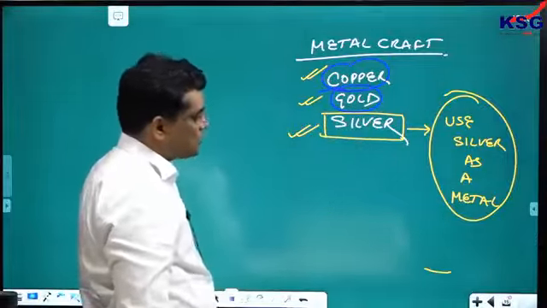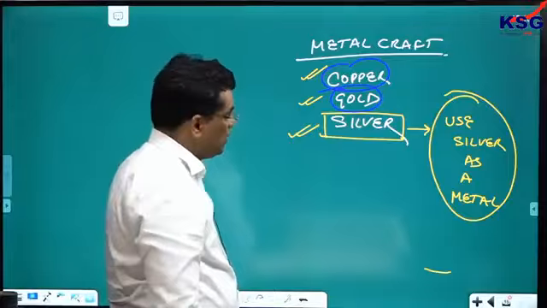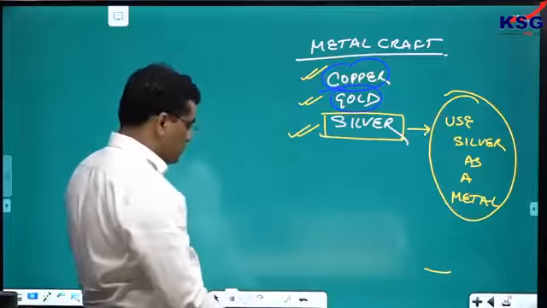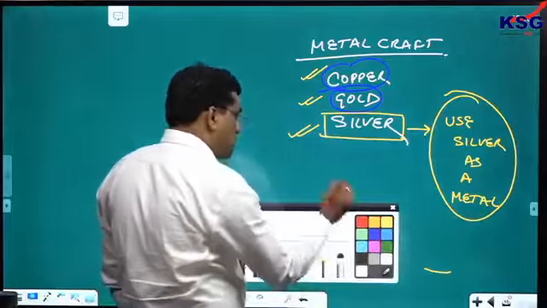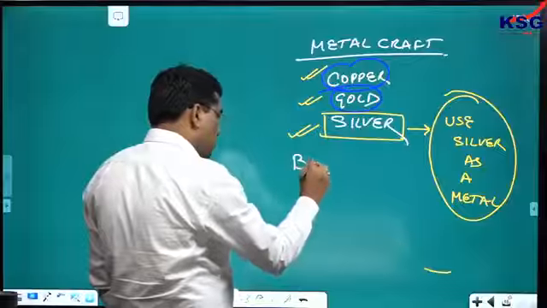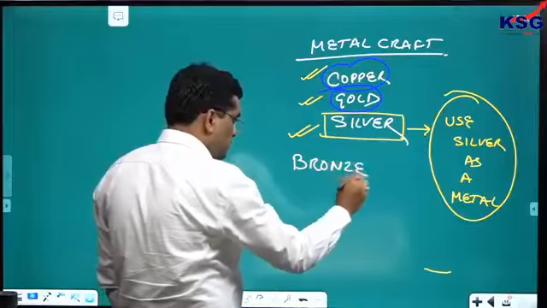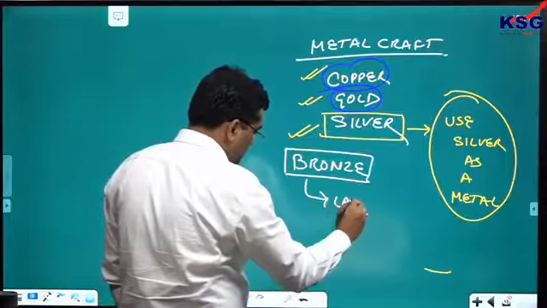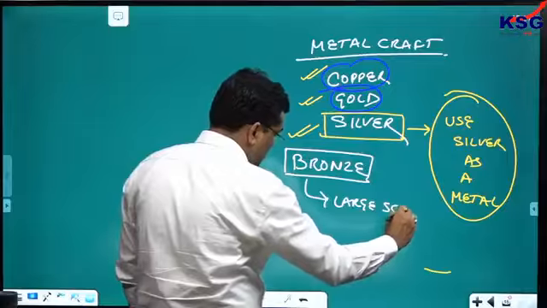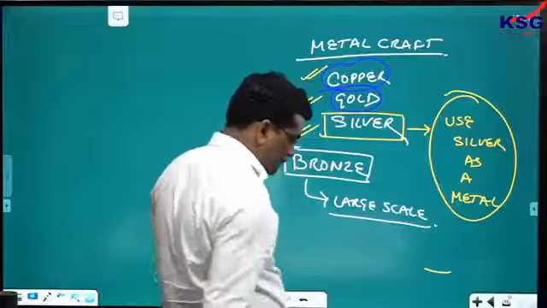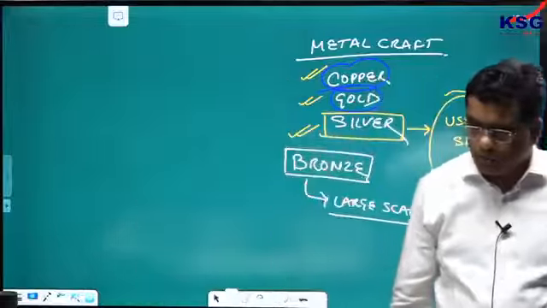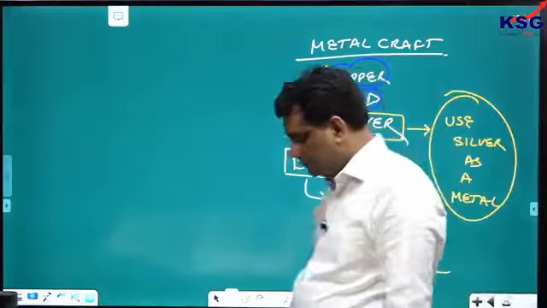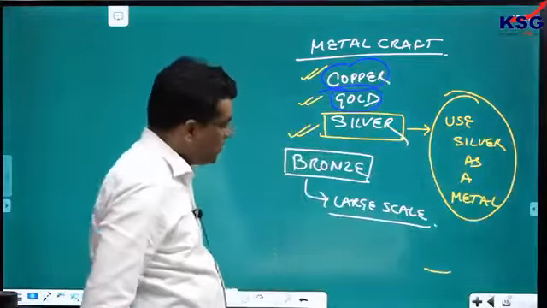So we have ornaments and utensils of all, but what is the most important achievement of the Harappans? That they started making bronze in large numbers. They had established bronze making units, and they used to make bronze on a very large scale.